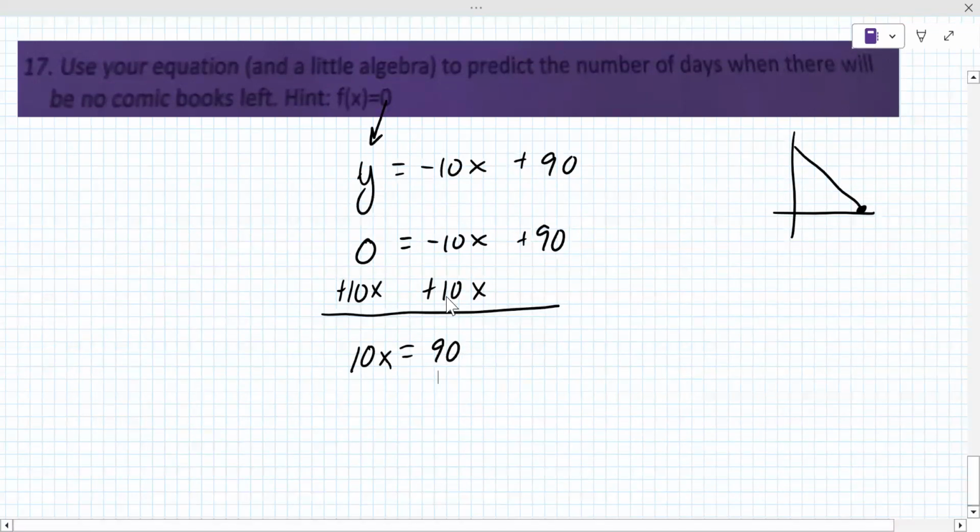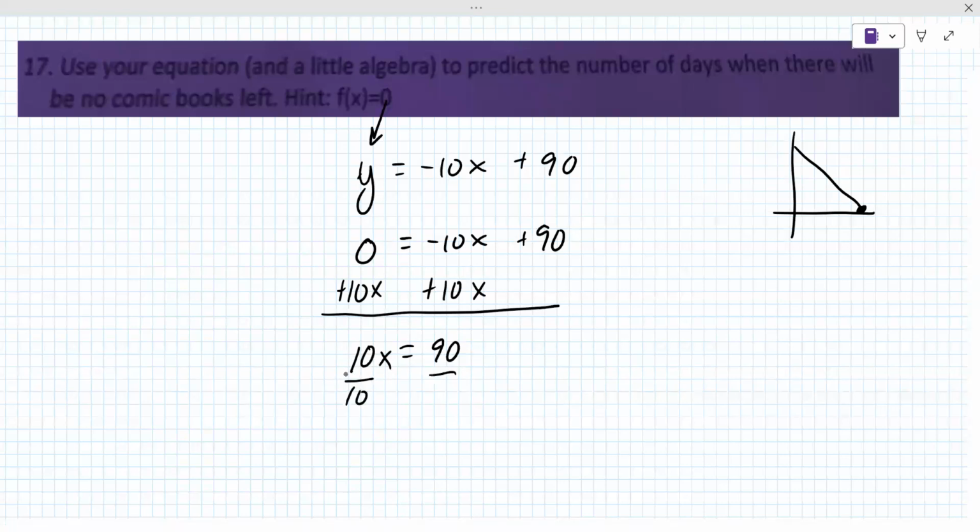Okay, but why would we subtract 10? What's the number in front of x? 10. But it's not sitting here adding, it's squeezed together. Or you can divide it then. Divide, yes, divide by 10. So x is equal to 9, or 9 days.